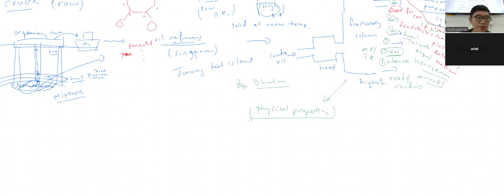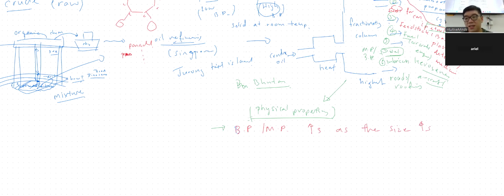So an example of a trend would be boiling point and melting point increases as the size increases. The size refers to the molecule size.